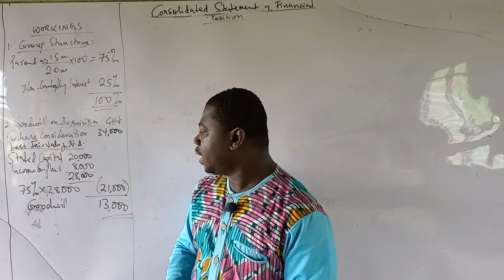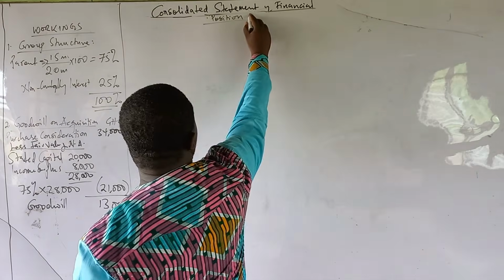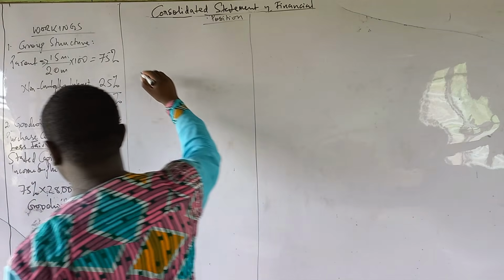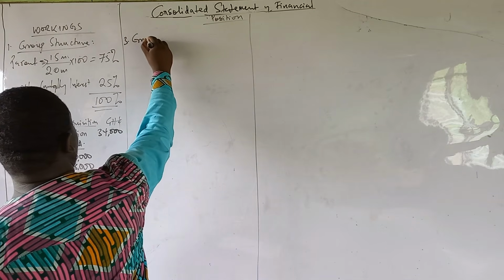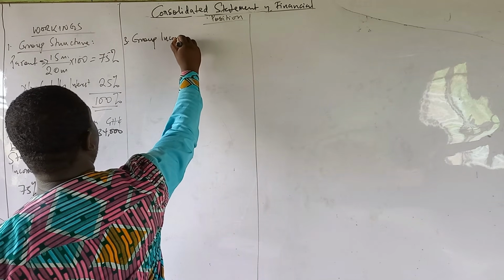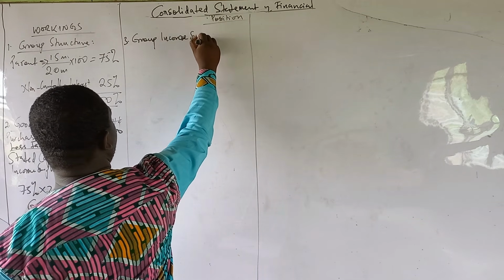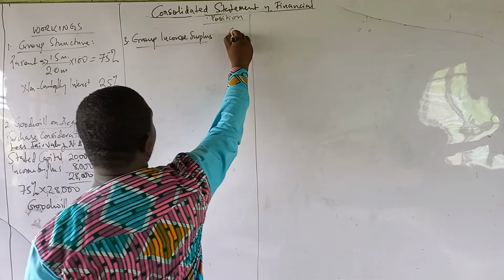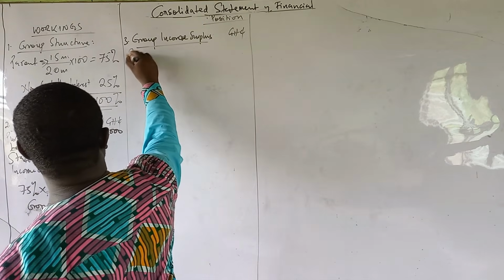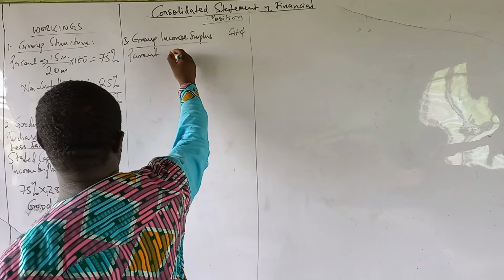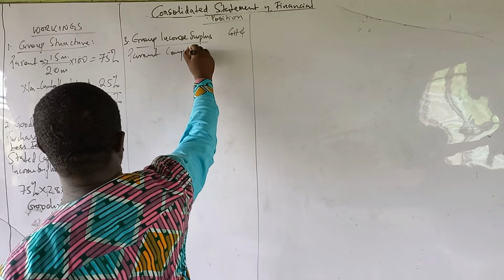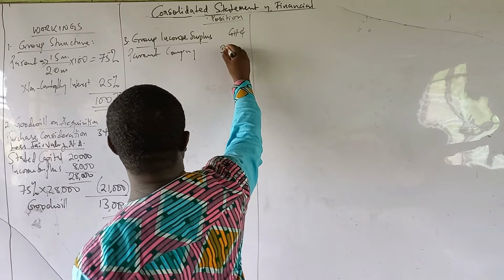Okay, then the third working that we have to do is to find the group income surplus, or the consolidated retained earnings, or group retained earnings. And I've told you that will always be the income surplus of the parent company on the reporting date, which is 30,000.